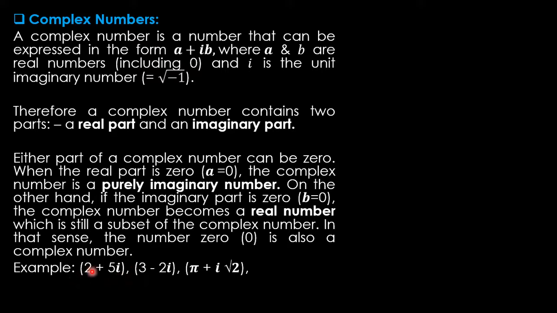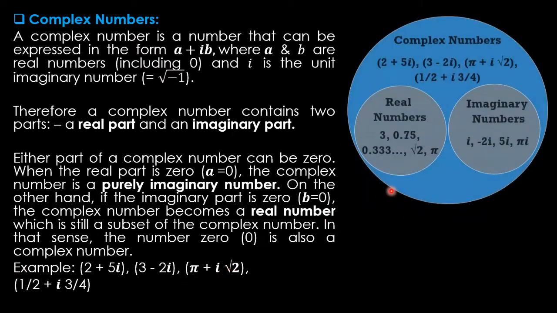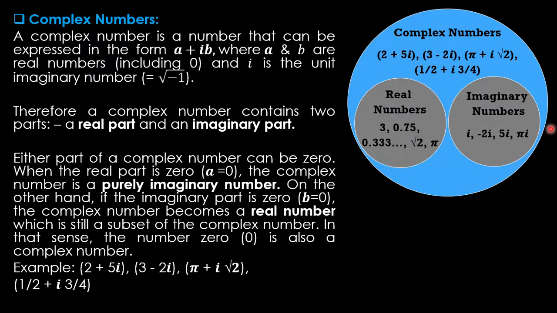For example, 2 plus 5i, 3 minus 2i, or pi plus i root 2. These are all complex numbers. There is a picture here. So real numbers are these: 3.75, 0.333, root over 2, pi. These are imaginary numbers: i, minus 2i, 5i, pi i, and both sets are within complex numbers.